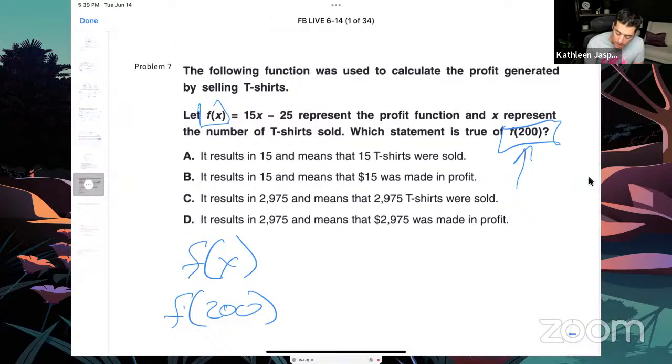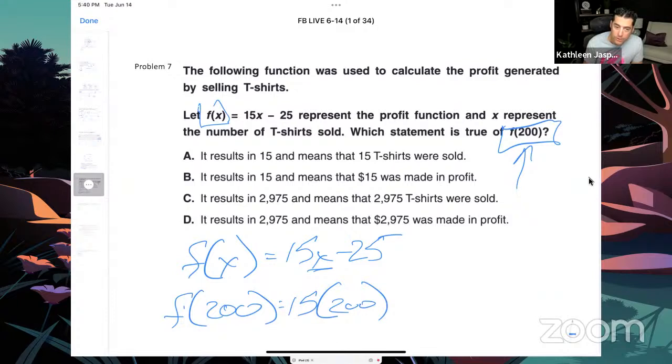If I take this x, now see how it says 15x minus 25. Well, now see how everything that was x is right here. Now what we do is just take 15 and put 200 in. All this is, whatever's in parentheses gets substituted for the x value or the variable's value. That's all this means. So then we go ahead and we run the function just like that.